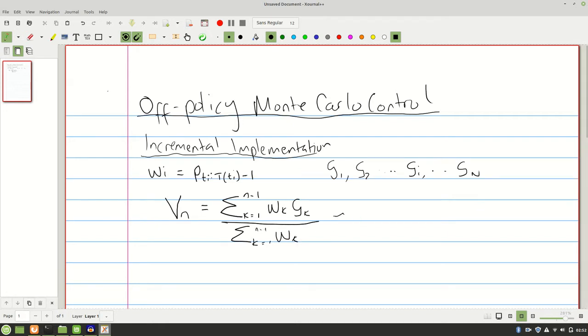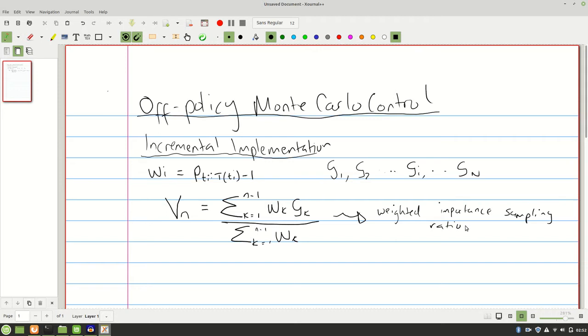We had denoted this as the weighted importance sampling ratio. So this is what we had called this. We say that this is the weighted importance sampling ratio.